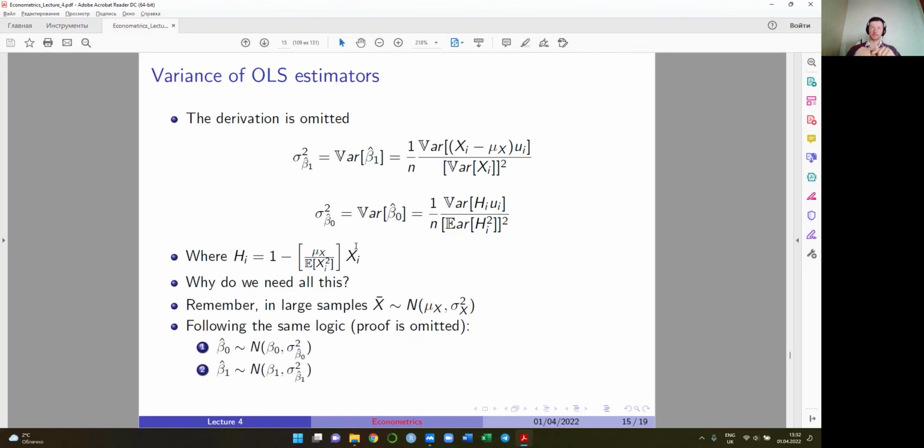By the way, since we are on this slide, can anybody say what the problem is with getting this sigma squared of beta 1 and sigma squared of beta 0, except for the awful form of these formulas?